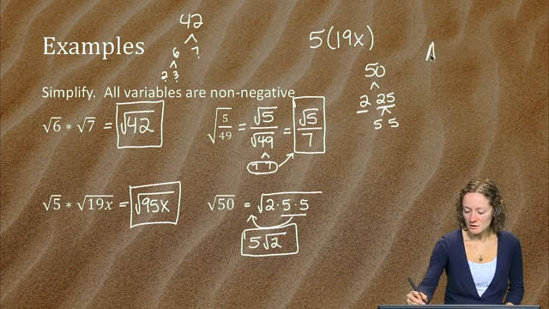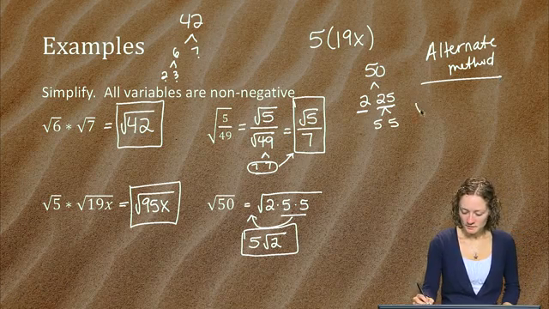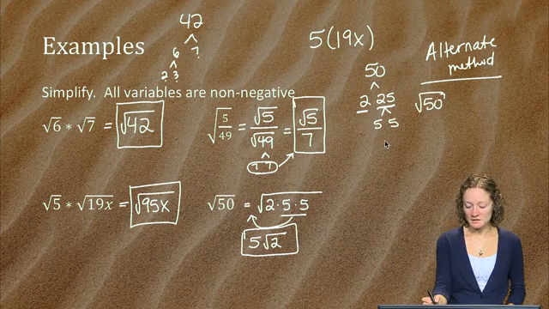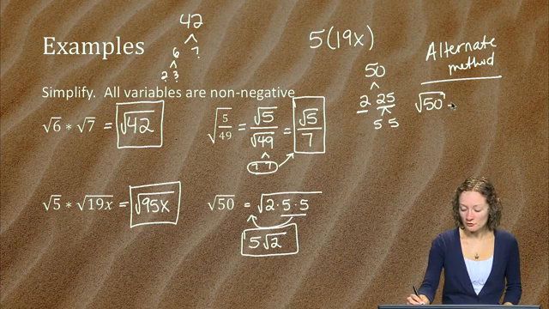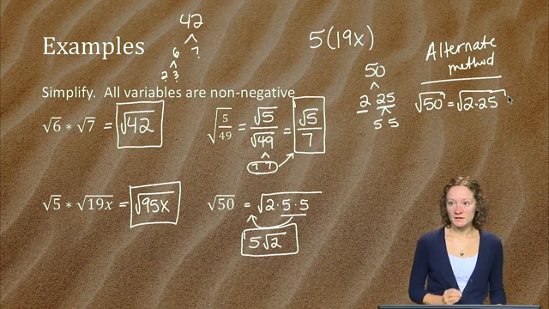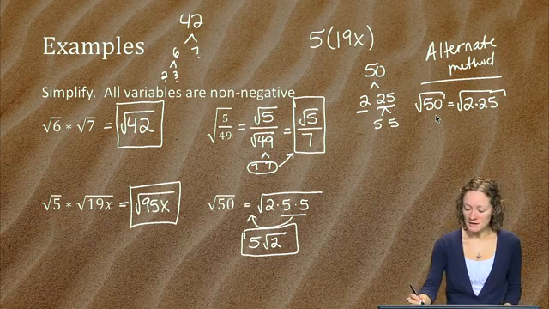So let's say this is an alternate method. So instead of fully breaking down to primes, we could more specifically look for perfect squares. So we could write this as 2 times 25. And that doesn't change anything. This still represents the same thing.